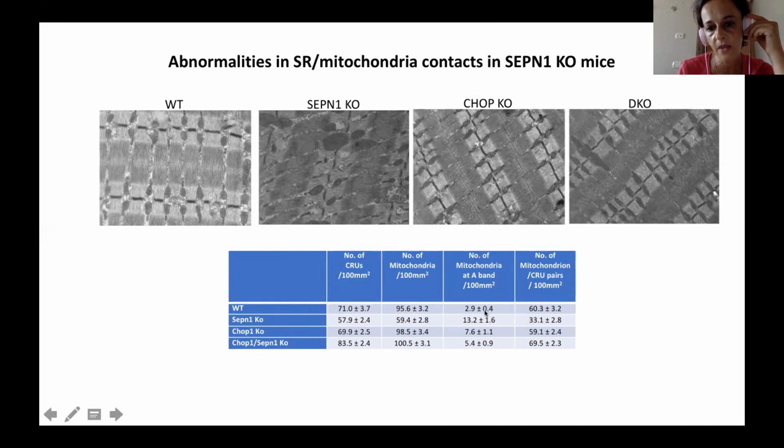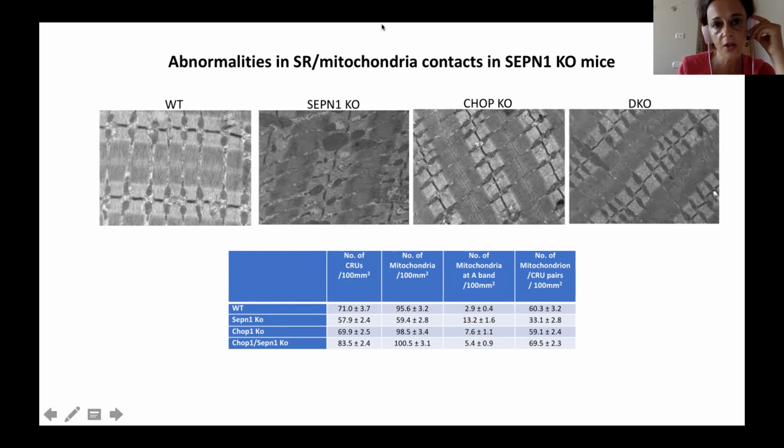And from the other way around, the mitochondria are efficient at oxidative phosphorylation and ATP production. So our goal, through different other genetic models, is to try to understand if we can get again this normal coupling of the calcium release unit and mitochondria with some drug.